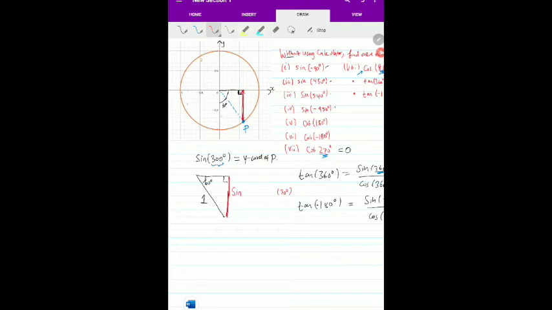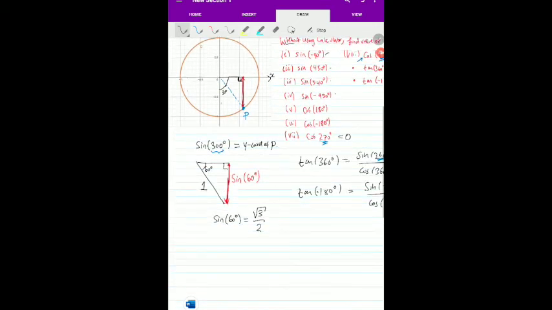So this is the sine of 60 degrees right here, this distance. It's the same thing as the cosine of 30 degrees. But never mind that. So sine of 60 degrees, what is that equal to? It's the square root of 3 divided by 2.